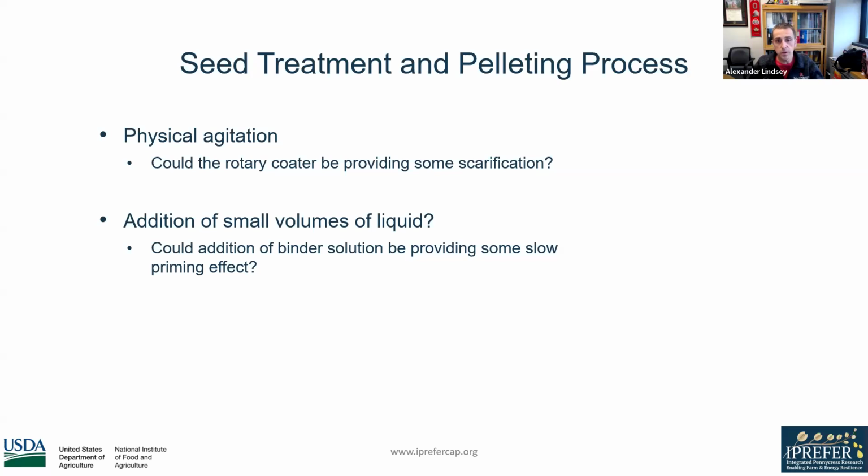The other idea is that when we treat with fungicide, we're applying it with a small volume of liquid. And could that small volume of liquid application provide some sort of priming effect and be contributing to increasing germination? And could we gain similar gains in germination if we just added the volume of liquid instead of adding it with a fungicide?